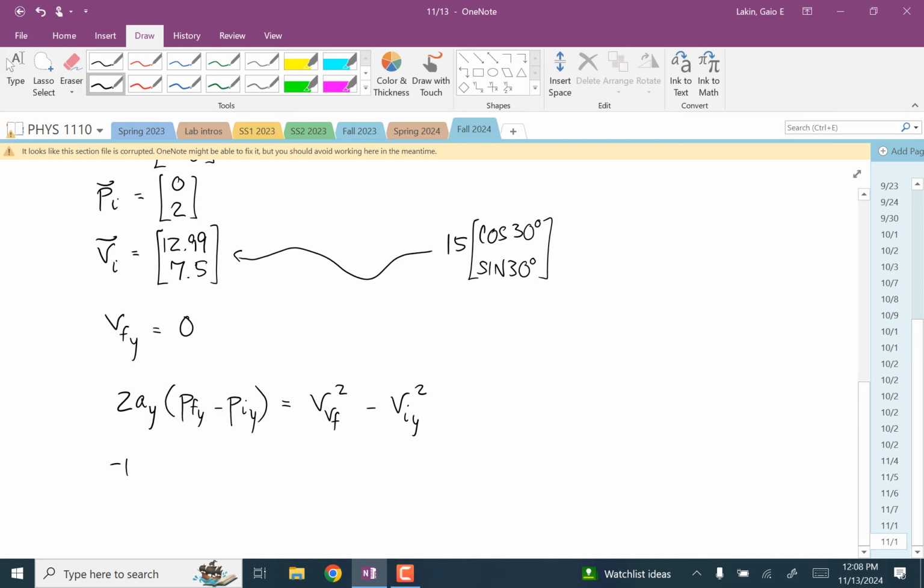Then the second question, you have these two carts. The one on the left has a mass of 15 kilograms. The one on the right has a mass of 25 kilograms.